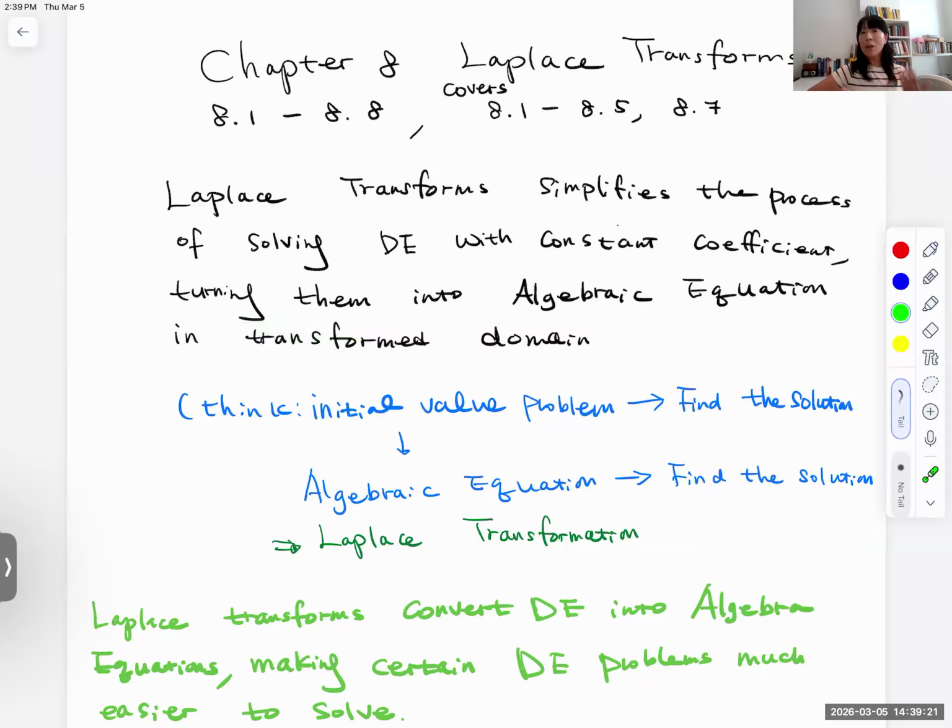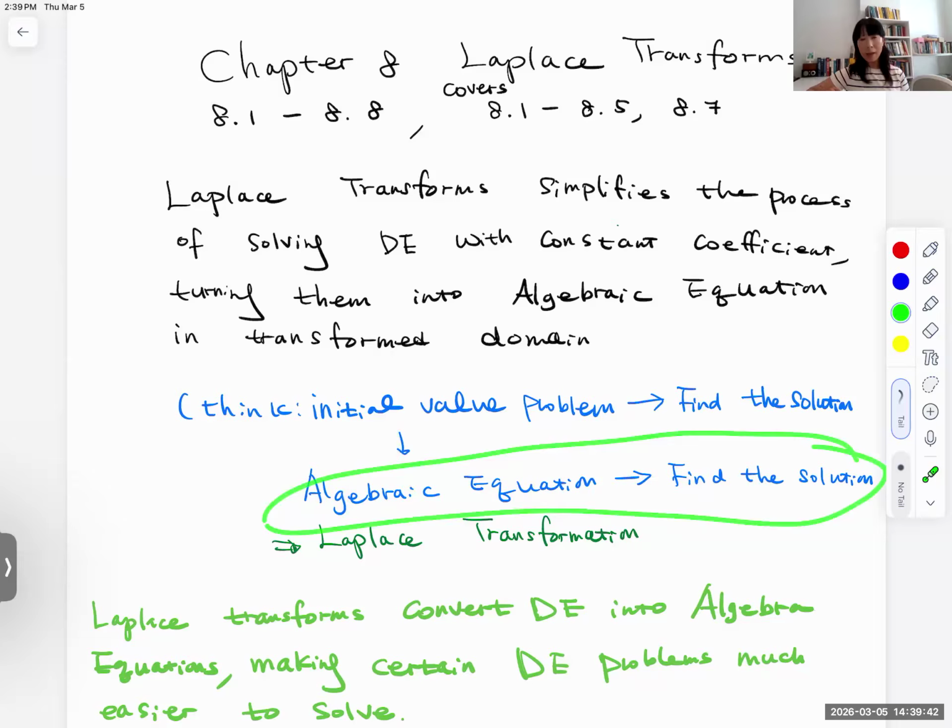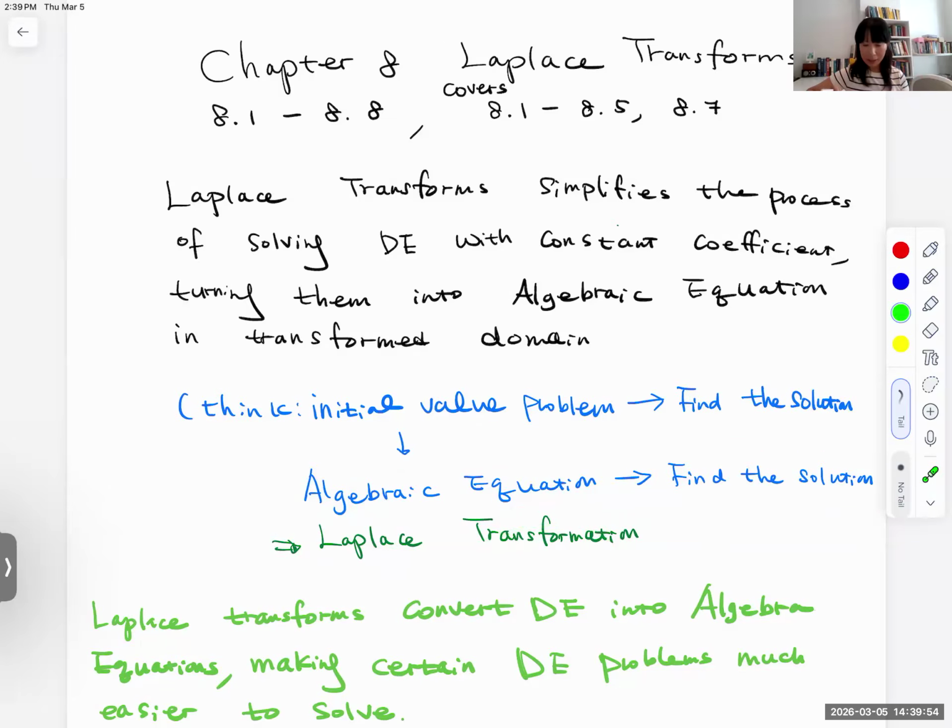This means if we have an initial value problem, and we want to find the solution, it is a little bit difficult. Then we convert it to an algebraic equation, and then find the solution. We call this process Laplace transformation. Make sense?